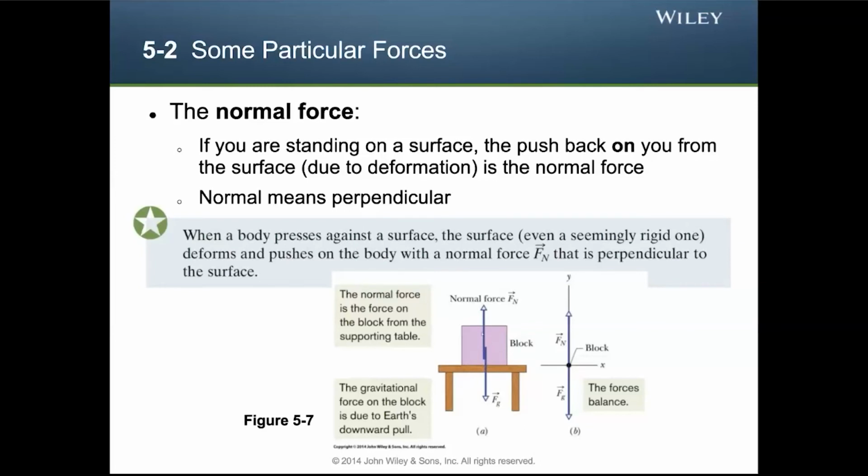This is similar to what I was saying with the fridge, right? If this is a fridge and this is an overhead view, and you're pushing on it, and that's you, and that's your tiny legs. You have really long arms, don't ask. If you're pushing on the block this way, then the force of friction is pushing on the block this way. So it's the same as the table pushing back on you, right?